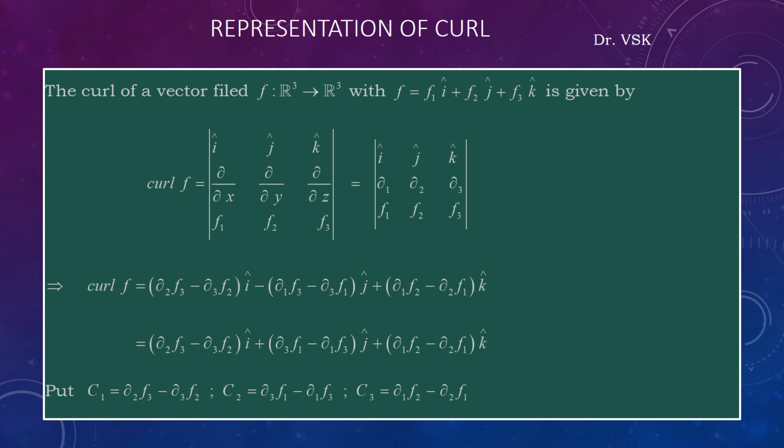So here C1 equals the coefficient of i cap, that is C1 equals ∂2 F3 minus ∂3 F2. C2 equals the coefficient of j cap, that is C2 equals ∂3 F1 minus ∂1 F3. The third component C3 equals ∂1 F2 minus ∂2 F1.